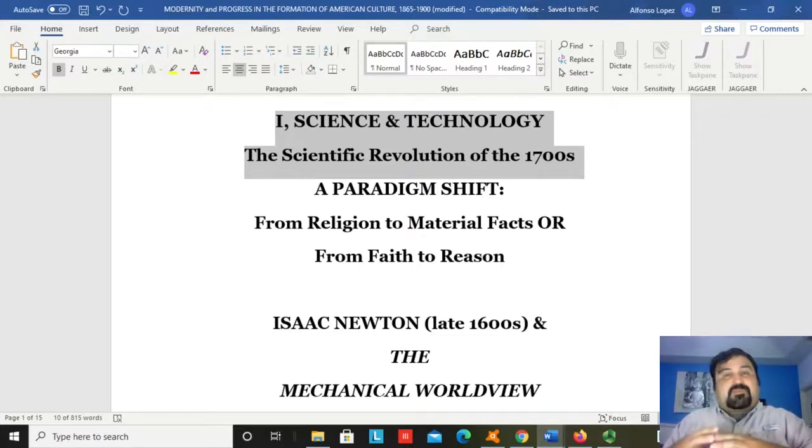So, therefore, what the scientists are now proposing in the 1700s, with introducing a new science, is that scientists must only study the natural world from a material level, and only a material level.